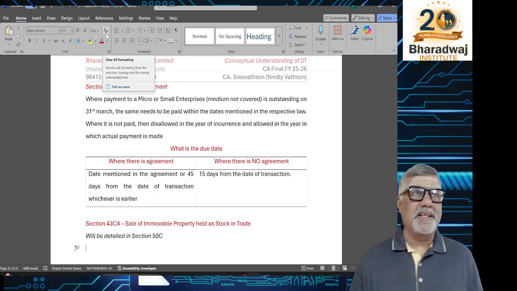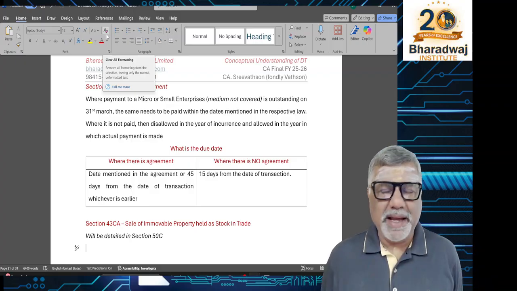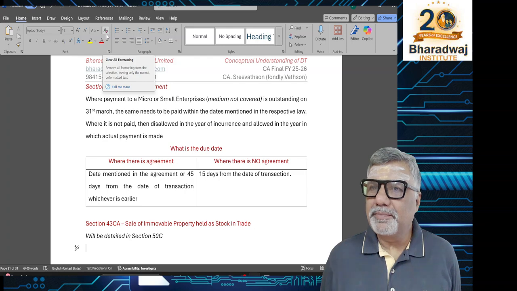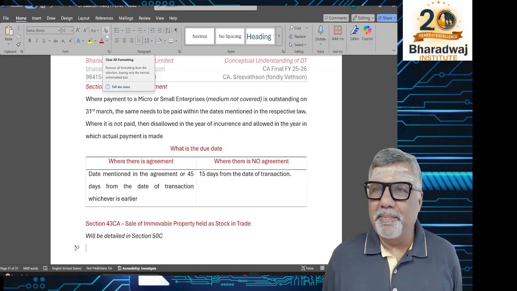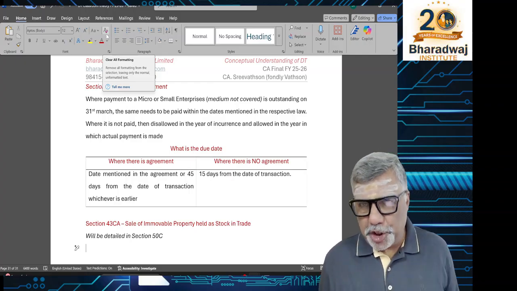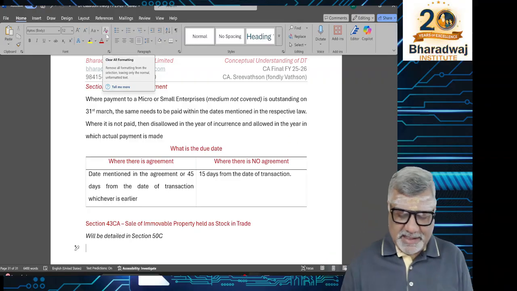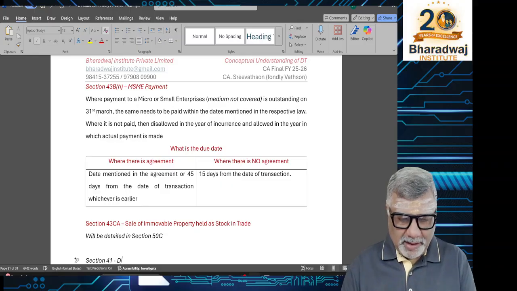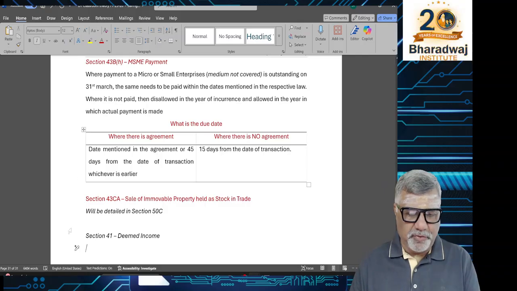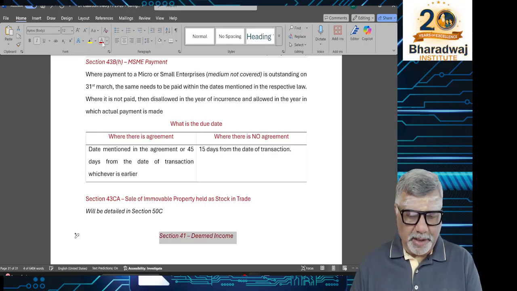We started this entire provision by saying that there are two sections which speak about income. Apart from section 28, which has given us a list, we are also focusing on section 41, deemed income. Two following branches.